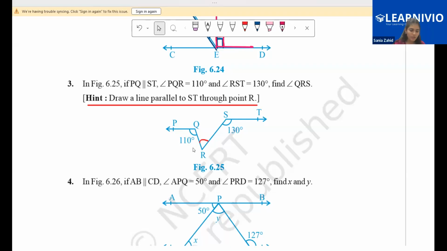Children, completed now? Yes, ma'am. Type your answers. I've got only Abdullah's. Okay, Umema. So Hafsa, you will explain how you got 40.